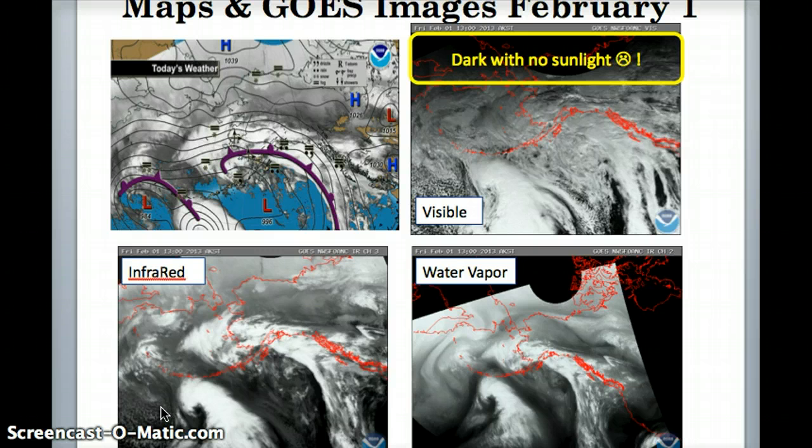The water vapor, and there was no sunlight on that particular day for the visible, but for the water vapor, it kind of very much reflects what the infrared was saying, along with what the TV weather map was showing. Seemed like there was a system being brewed in the bottom of the Aleutian chain, and then a system coming up from the south up the Panhandle and into south central Alaska into the Bering Sea eventually.